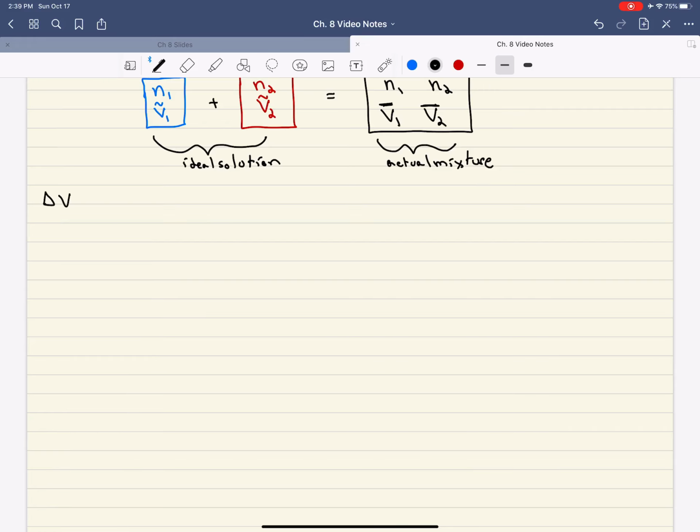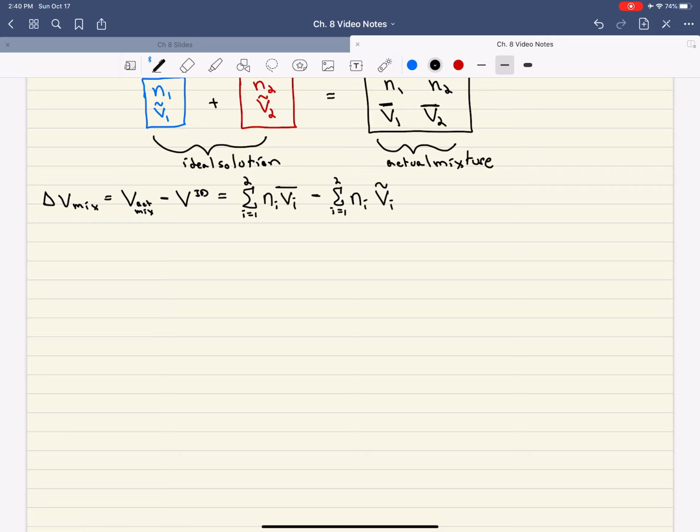All right, and so if we took a look at the change in the total volume of the mixture, once again, that's just V of the actual mixture minus V of the ideal solution, or predicted by the ideal solution, so ID. We know from our discussions before that the volume of the actual mixture, which is just two components, is equal to Ni times Vi bar, and that for the ideal solution is Ni Vi squiggly.